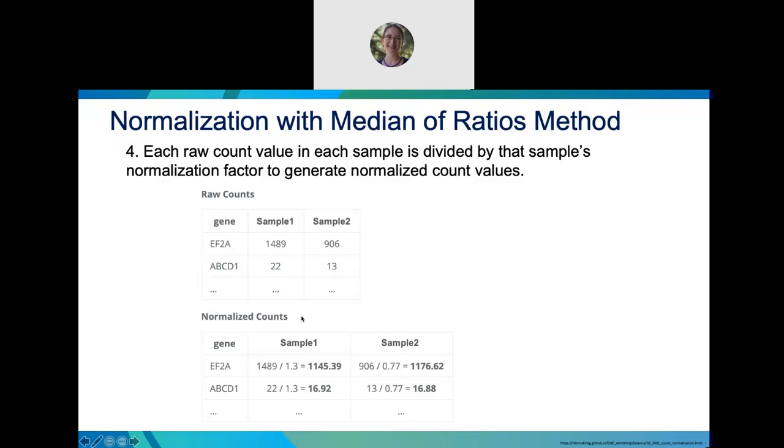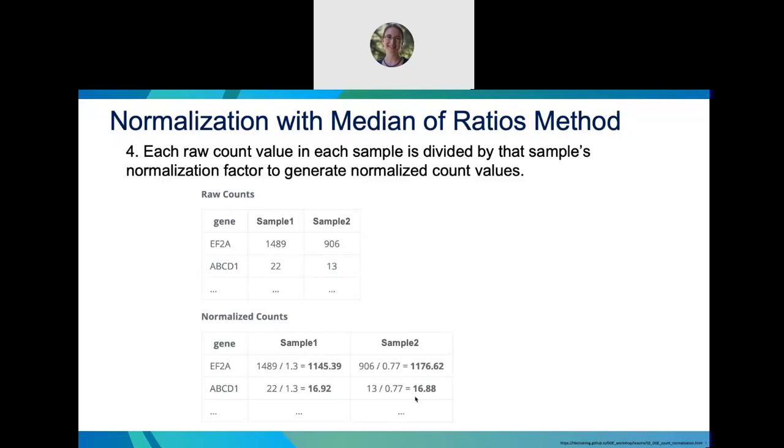But after we normalize using the normalization factor that's calculated using the median of ratios, we then see actually the adjusted values are really similar, 16.92 and 16.88. So ABCD1 is actually probably not differentially expressed. So the normalized counts are giving us more reliable insight.